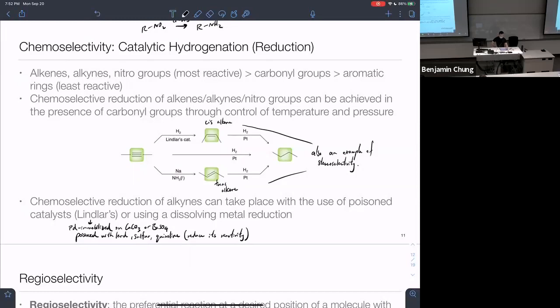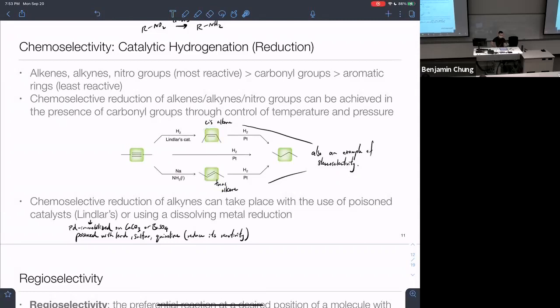In the sense of your product distribution being selective for cis or trans, that indicates that it's stereoselective. In the sense that you can only react to the alkene and not have it react further, that is what makes it chemoselective. So it's both.